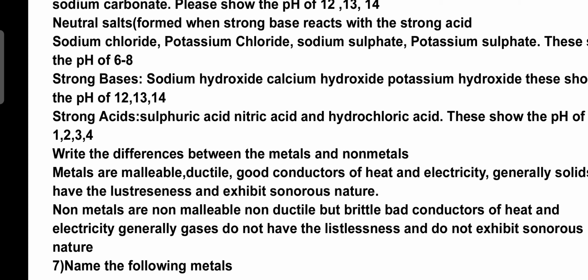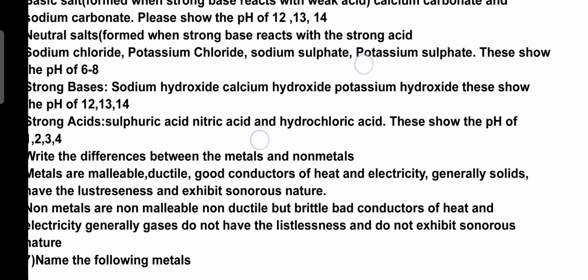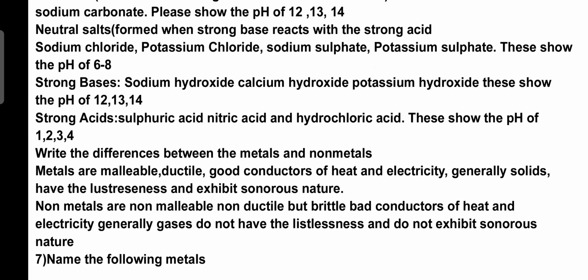Now, neutral salts, how are they formed? When a strong base reacts with a strong acid, neutral salts are formed. Sodium chloride, potassium chloride, sodium sulfate, potassium sulfate are formed. See, sodium hydroxide when reacting with HCl forms sodium chloride.